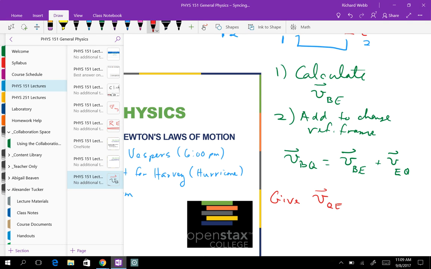Kind of like if, Lauren, stand up. If Lauren walks toward me, we might say Lauren's walking toward me at 1 meter per second. But if you had a camera that was fixed on Lauren, you would say, instead of Lauren walking toward me, it would be Richard approaching Lauren. But the time that it takes for us to meet is going to be the same, whether it's my perspective or her perspective.